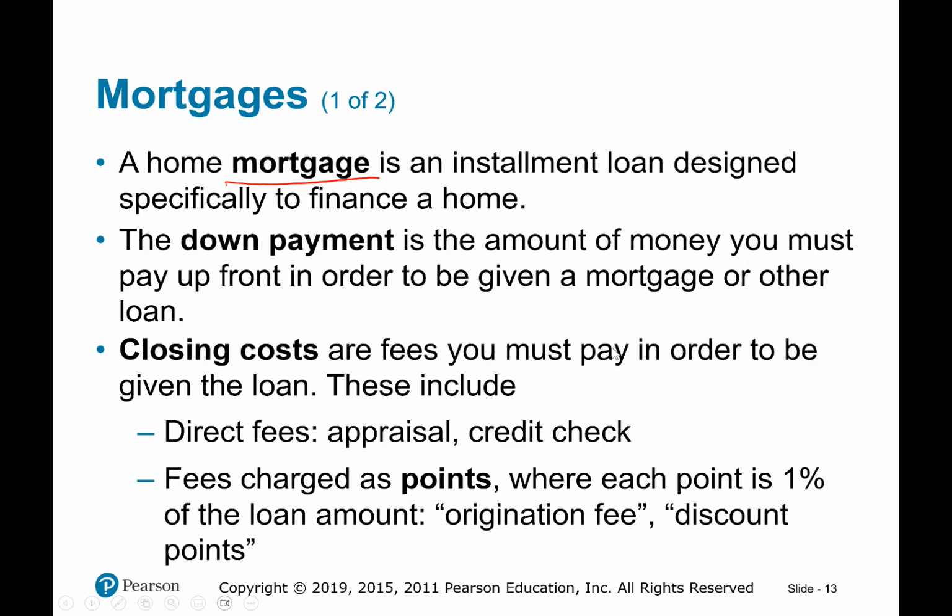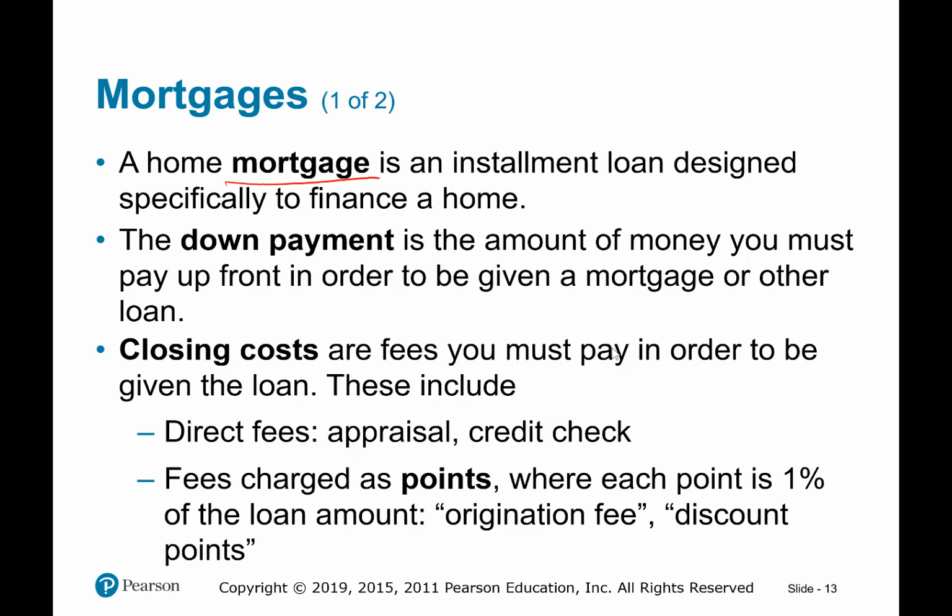Closing costs are fees that you have to pay in order to be given a loan. So these are all kinds of different things. They could be direct fees, which is basically the cost of an appraisal or doing a credit check. Fees that are charged as points. Okay, so these are percentage points, which are percentages based on the loan amount.